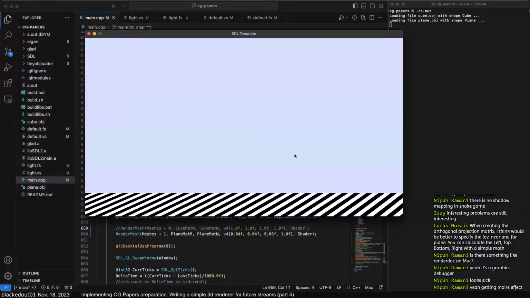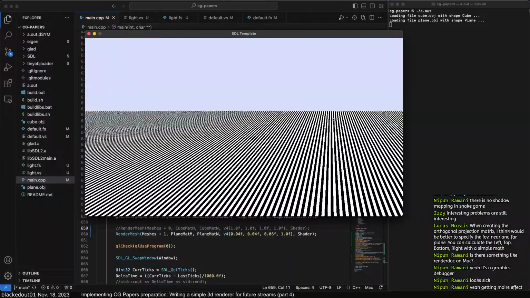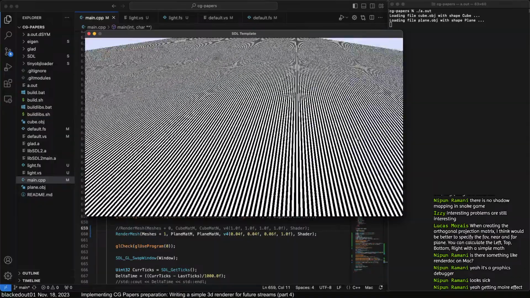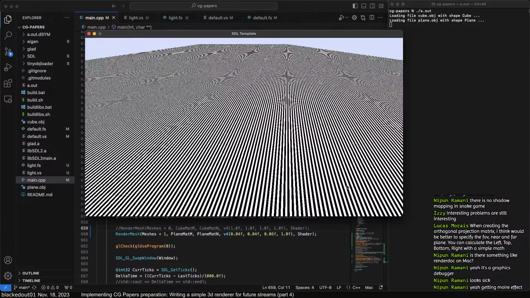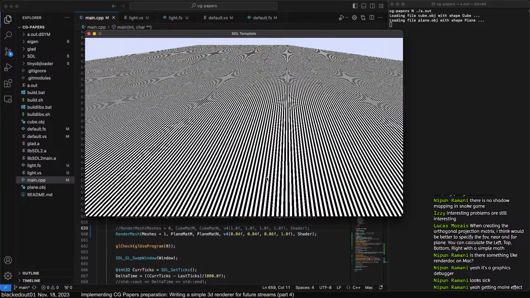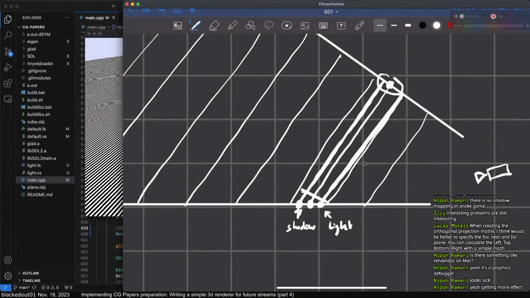So you can see here we have always these lines where we have shadow, no shadow, shadow, no shadow, and this is exactly what like here in the image.